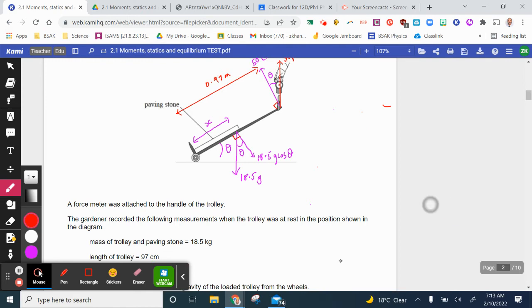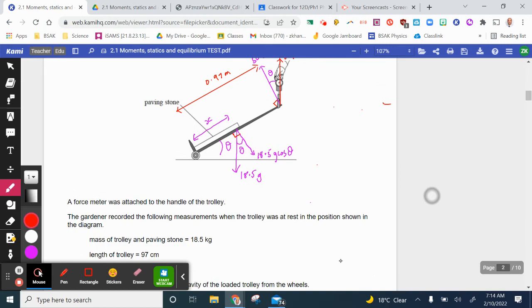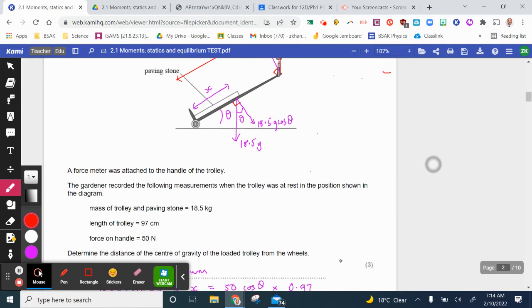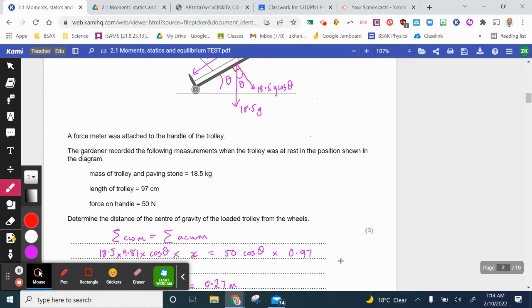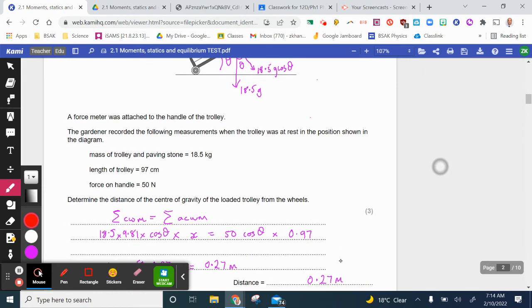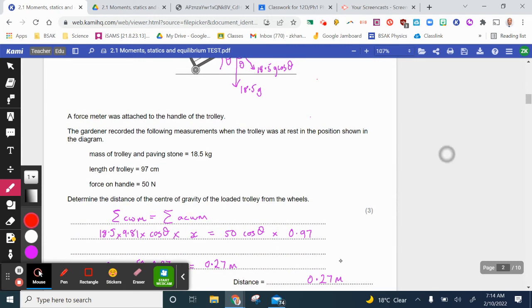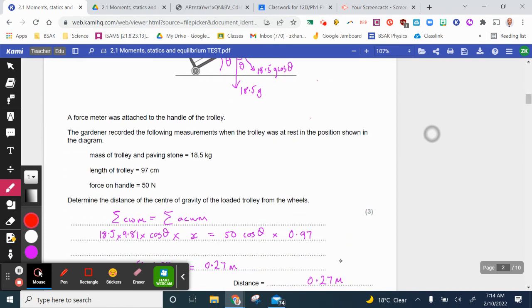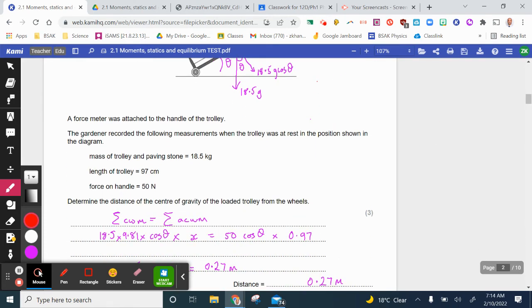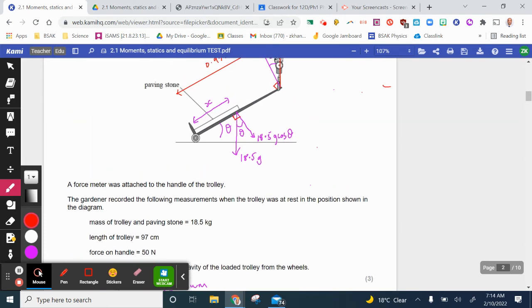Okay, so what we've got is this object is in equilibrium. So it's not moving, and that means that the sum of the clockwise moments equals the sum of the anti-clockwise moments. So we can do a moments calculation here, and we know that there's a pivot point here, a force from the pivot and the distance, so that'll be 18.5 g cos theta multiplied by the distance x that we are looking for.